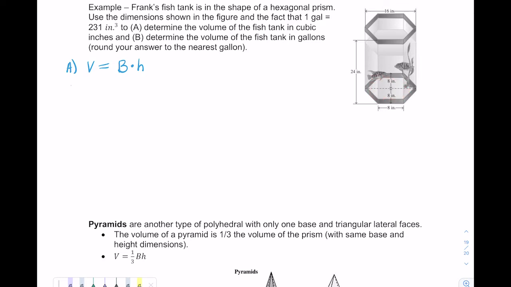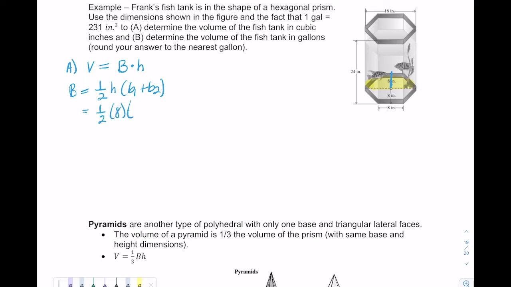So to find big B, we have a trapezoid, and the area of a trapezoid formula, if you'll remember, is 1/2 times the height times base 1 plus base 2. So if I'm looking at the trapezoid, just one of them, as you can see here, the height of the trapezoid is 8 inches.